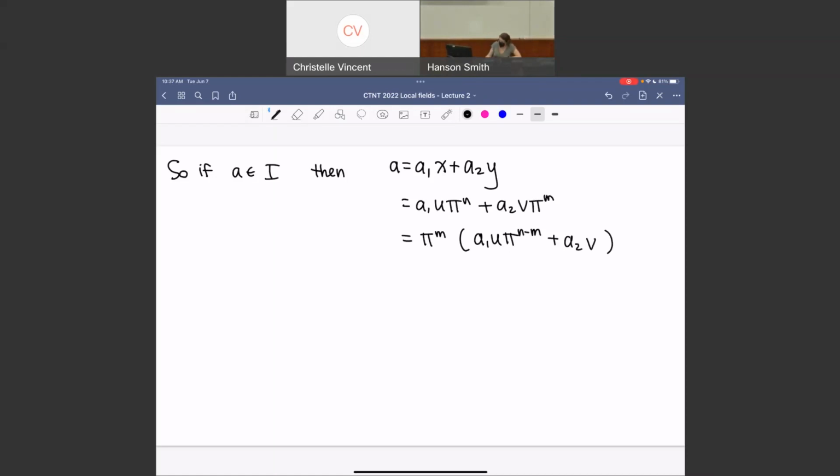Because I assumed that this one was greater than or equal to that one. So this is non-negative, so this is still in A. So a belongs to the ideal generated by pi to the, right? The lower one of the 2 exponents, right?